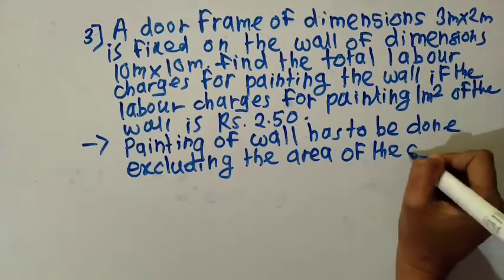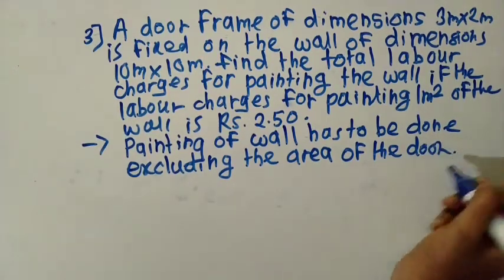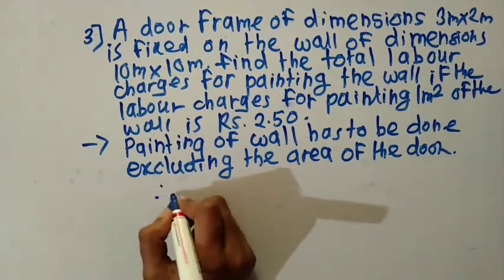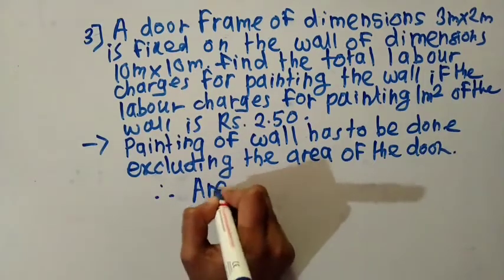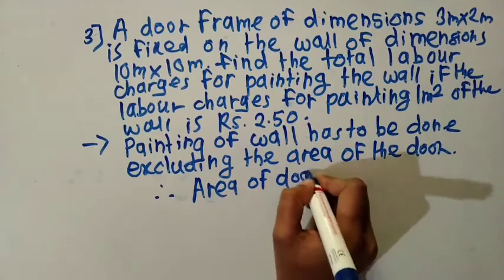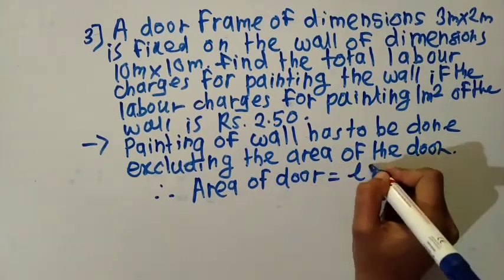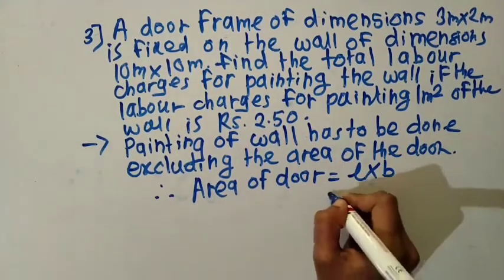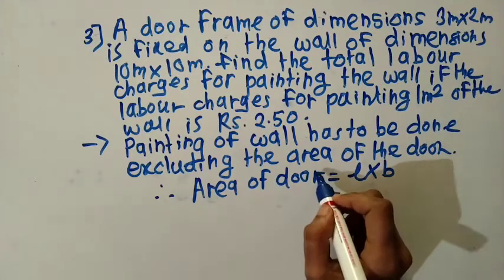First, find out area of door, which is length into breadth, means area of rectangle.